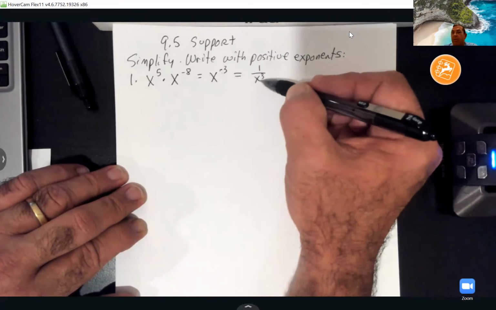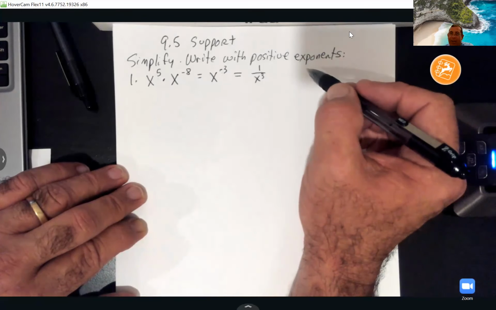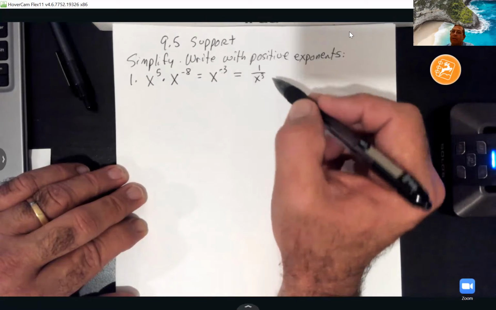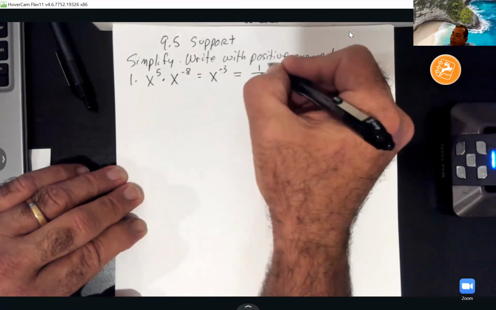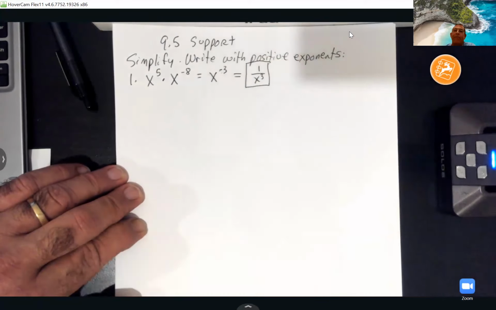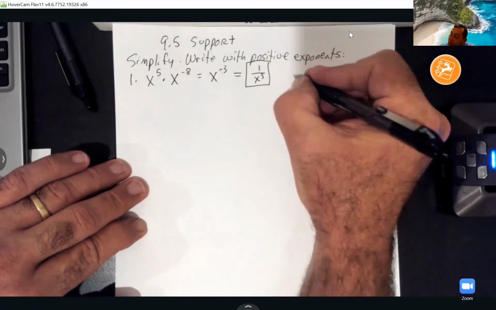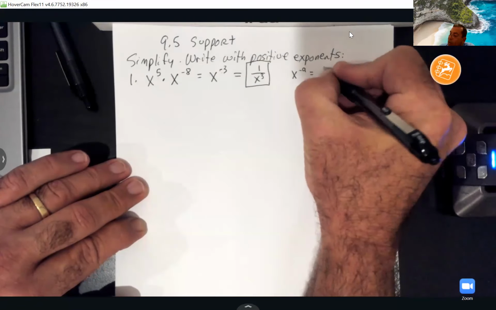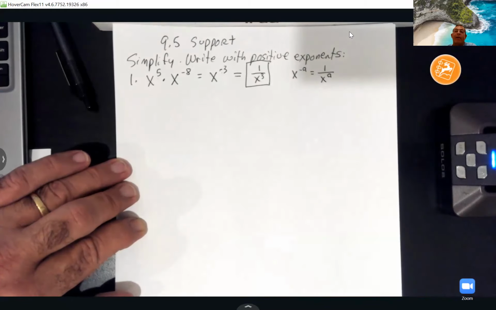If the exponent was on the bottom and negative, you would move it to the top and make it positive. So you either move the variable down or up to change the sign. That would be your final answer. I'm following this exponent property: x to the negative a equals 1 over x to the positive a, okay?